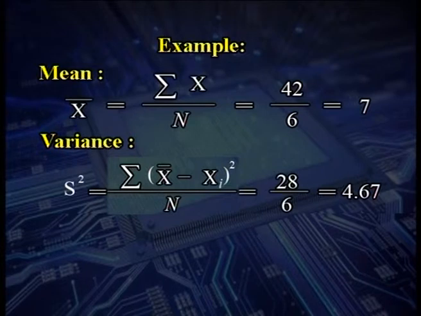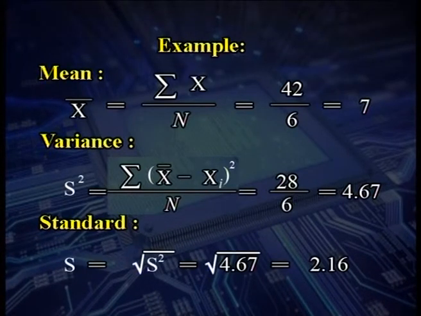So, substituting this value, 28 by n, n is equal to 6, 28 by 6, you get 4.67. So, the variance from the mean is 4.67. This is how we calculate the variance of some numbers which are a sample actually.